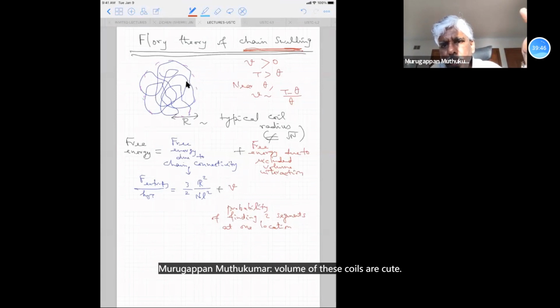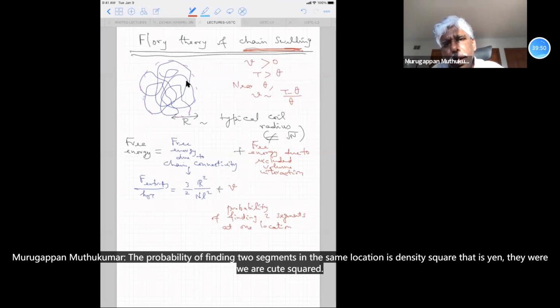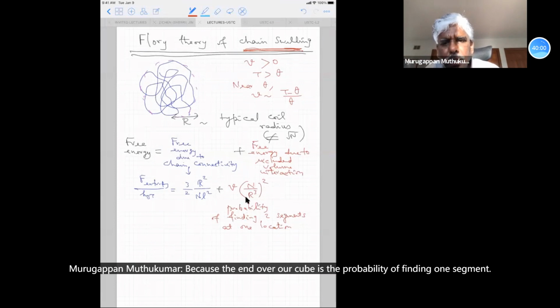Volume of this coil is R cubed. The probability of finding two segments in the same location is density squared, that is N divided by R cubed, squared. Because N over R cubed is the probability of finding one segment, right?